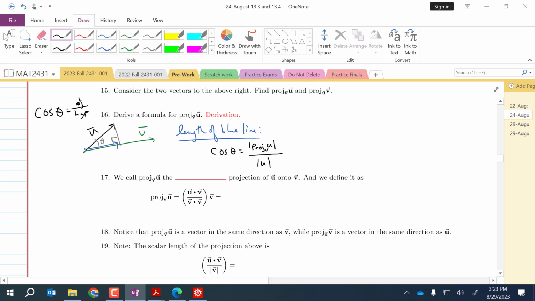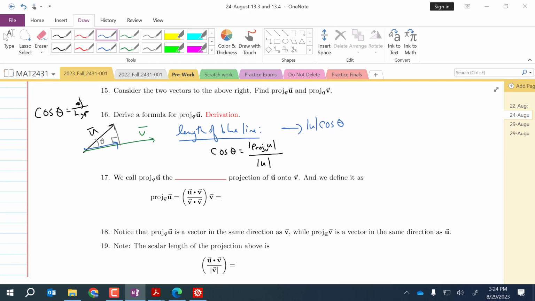Put another way, the length of the blue line would be the magnitude of u times the cosine of the angle theta between them. So that's the length of that blue line.